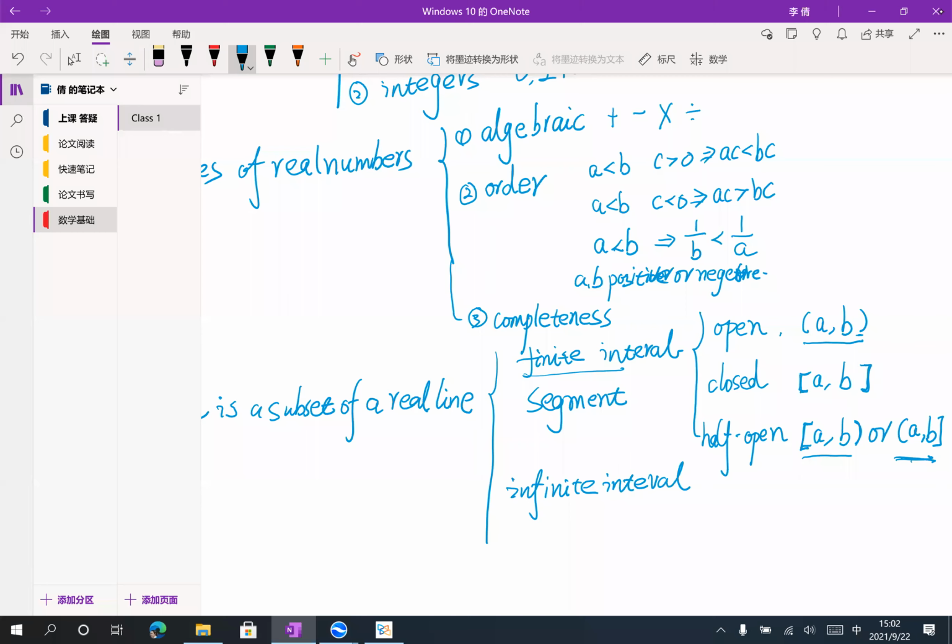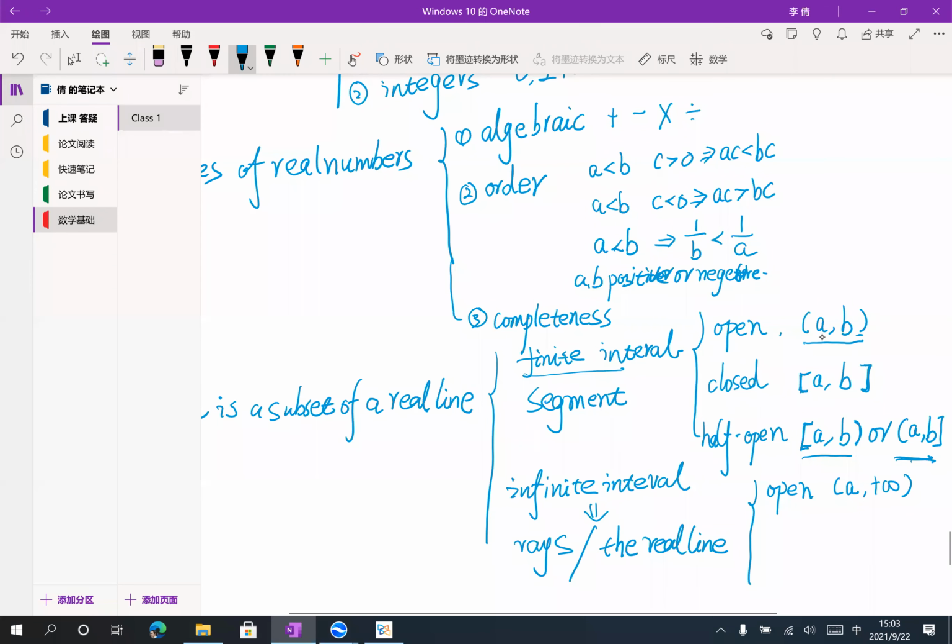The infinite interval: if we draw an infinite interval on the real line, it means a range of the real line. This infinite interval, if it is open, means intervals like from a point A to positive infinity, with a parenthesis.